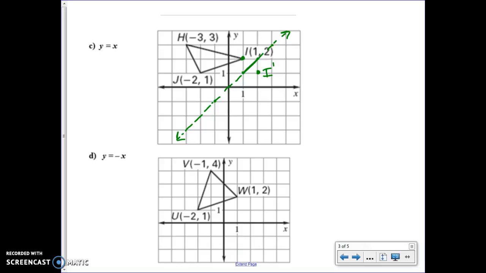J is 1 whole diagonal box away, and then a half a diagonal. So half a diagonal and 1 whole box. Here's J prime. H is 1, 2, 3 boxes away. So 1, 2, 3 boxes would be H prime.